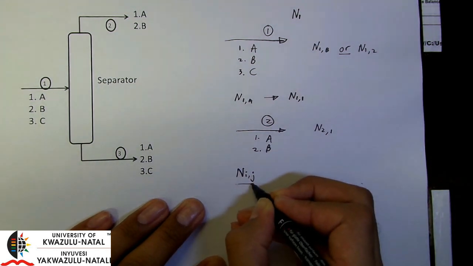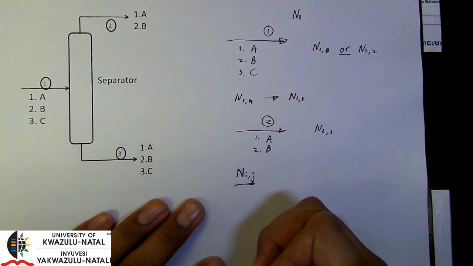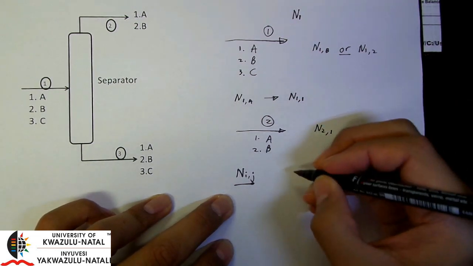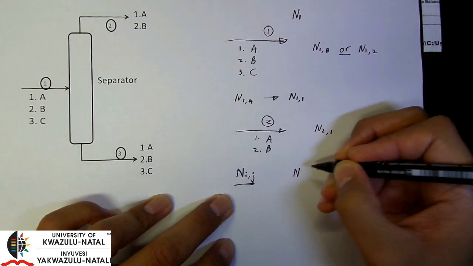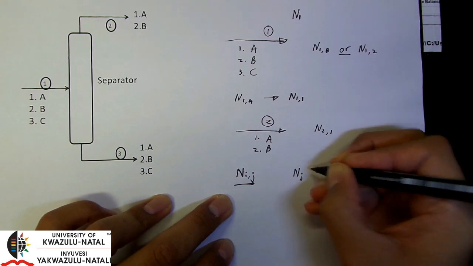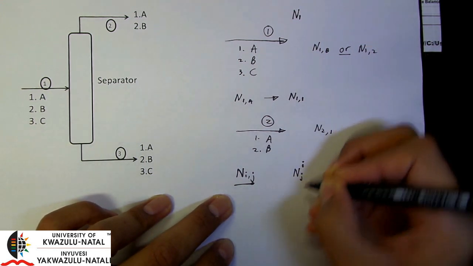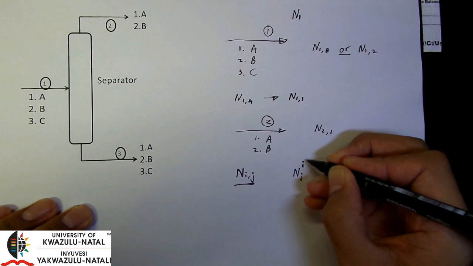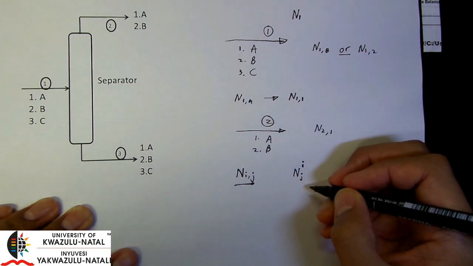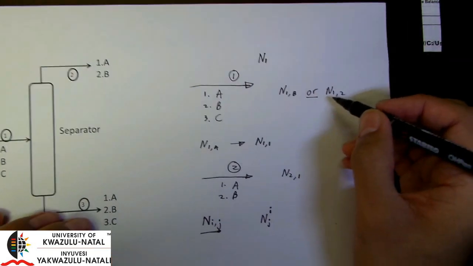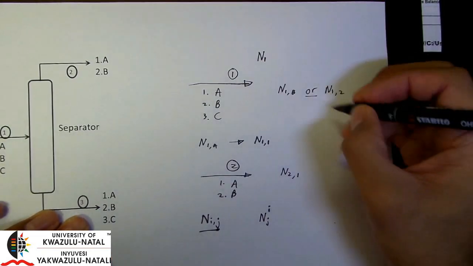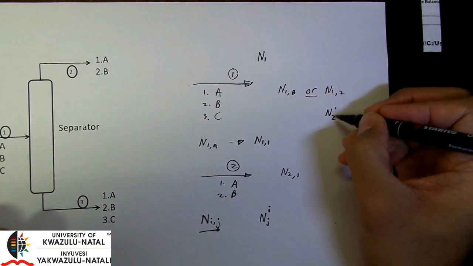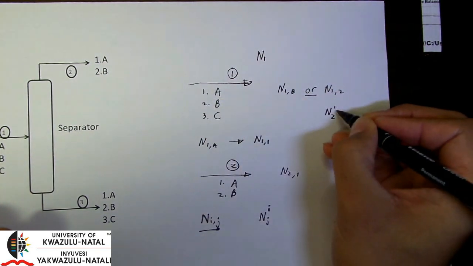So it's very important you get the notation correct. An alternative way to express this, which many textbooks use, is to write N with j as the subscript and put the i at the top. Whatever is at the top denotes the stream number and the j denotes the component number. So for example, instead of writing N12 like I've done here, I can also write it in this fashion, and that denotes the flow rate of component 2 in stream 1.